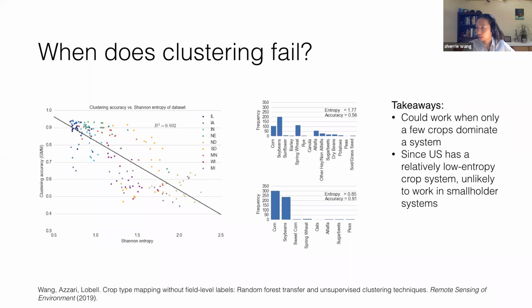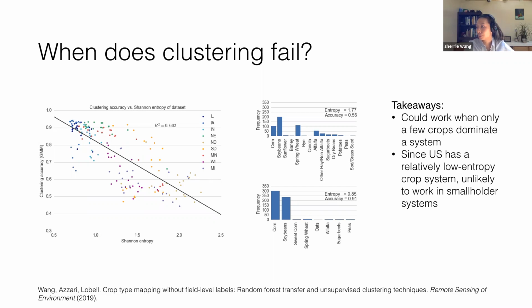But if you have, let's say, in this case, 7 or 8 crops to recover, then the clustering part of the pipeline is going to have a really hard time picking up the correct clusters. It's not actually the cluster crop type assignment step that's failing, but it's just the clustering step that's not working.